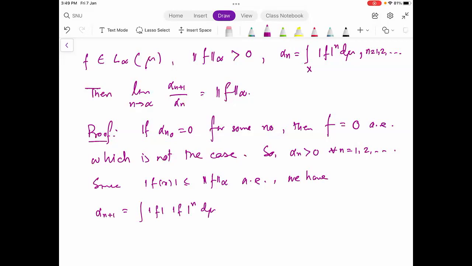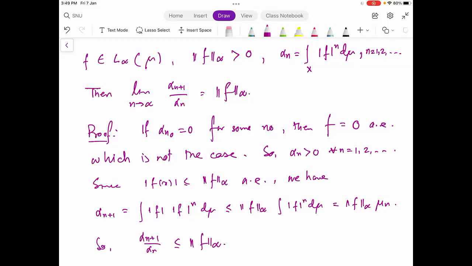I take out one of them, and then it becomes the integral of mod f to the power n d mu times mod f, and that is at most norm f times alpha n. So alpha n plus 1 by alpha n is less than or equal to this.